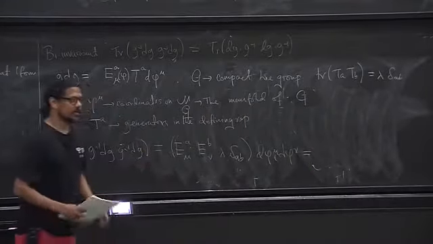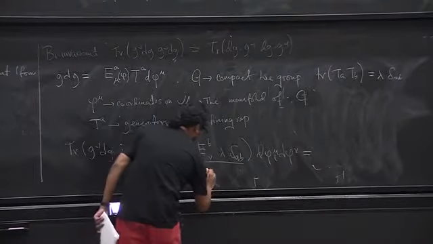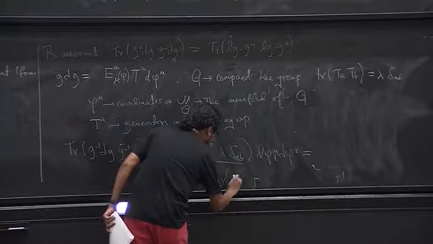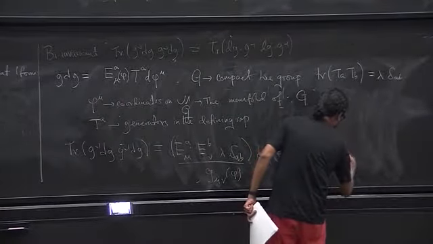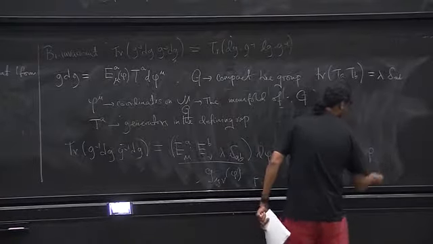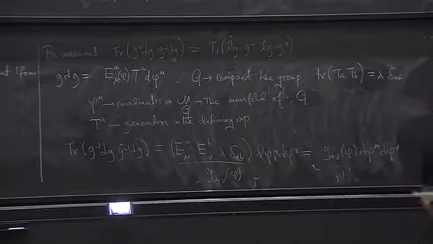And this looks like a line element if I identify this thing to be a metric. So what I've constructed is essentially a line element on the Lie group.